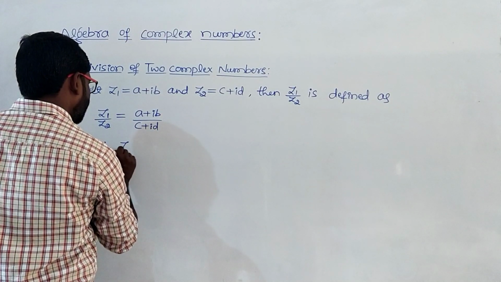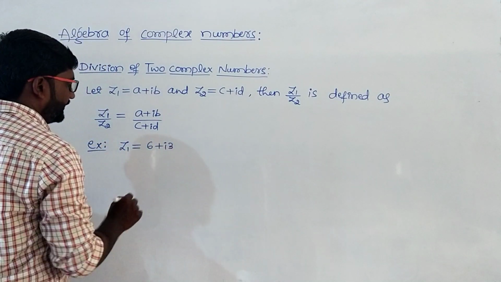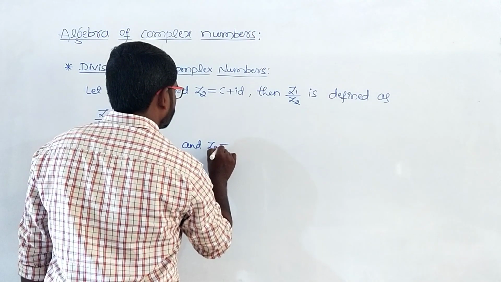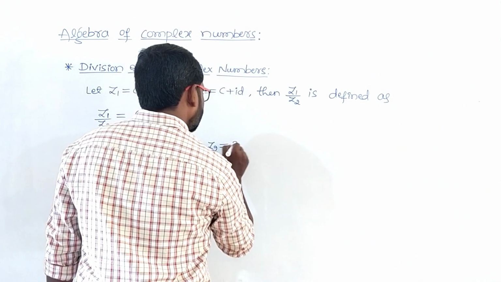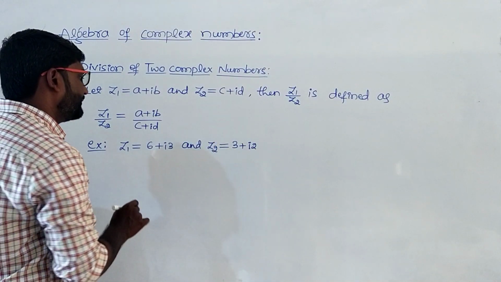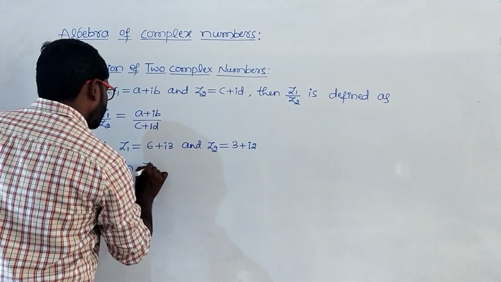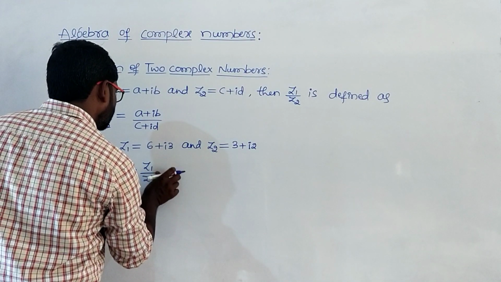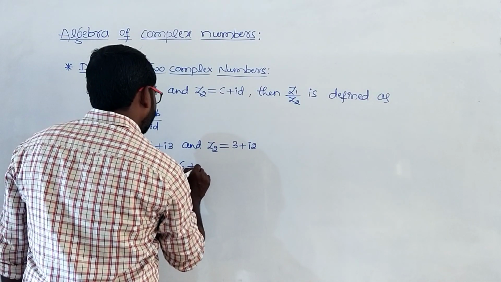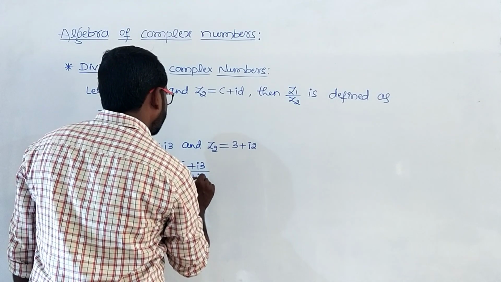It is z1 which is equals to 6 plus i3 and z2 which is equals to 3 plus i2. Let us go for z1 by z2 now. So then z1 by z2 which is equals to 6 plus i3 divided by 3 plus i2. ಹೌದ್ರಿ?